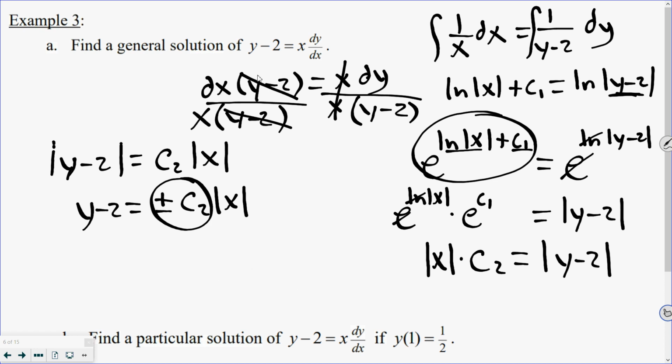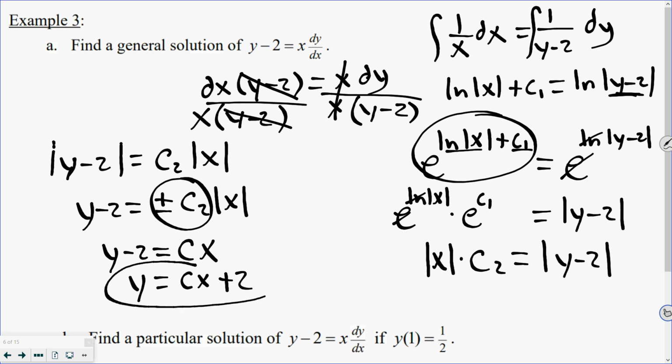So I can get rid of the plus or minus. y minus 2 equals, I'm just going to call it C this time. I can add the 2 over, so we end up with y is equal to cx plus 2. That is my general solution: y equals cx plus 2.